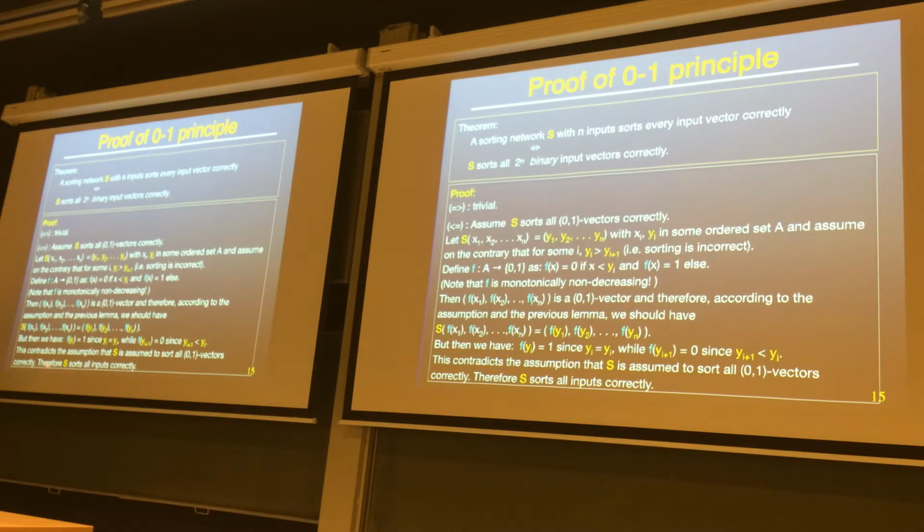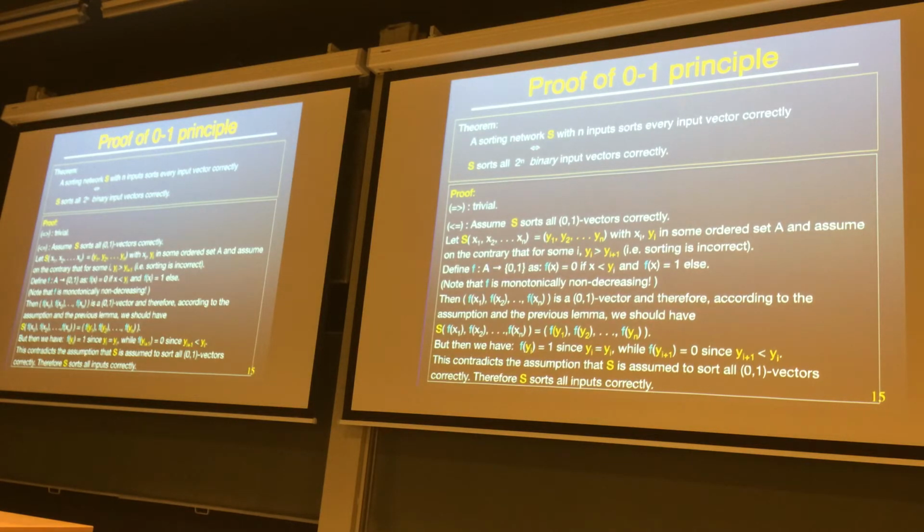So we end with the conclusion that from the assumption that all binary input vectors are sorted correctly, you can arrive at the conclusion that all input vectors are sorted correctly.